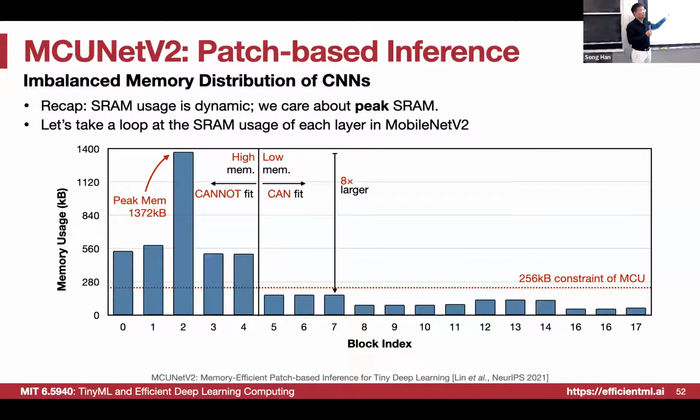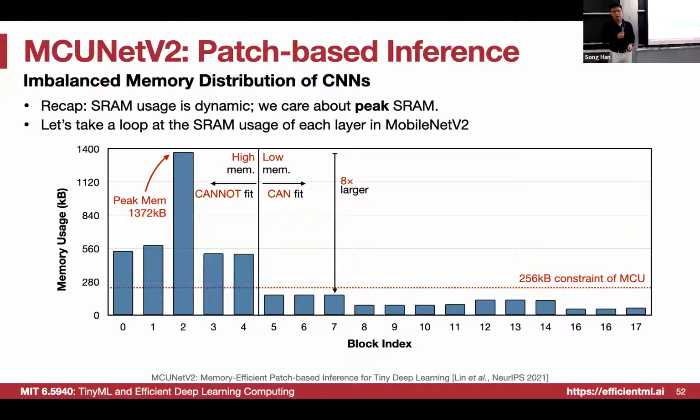The peak memory is 1,372 kilobytes, which is much larger than the 256 kilobyte memory constraint. Everything after layer 5 can fit the constraint, but everything before layer 5 cannot. These layers exceeded the memory constraint.